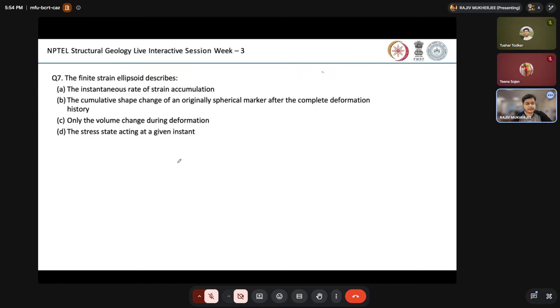So what does the finite strain ellipsoid describe? Remember, since we're talking about strain ellipsoid, it is a three-dimensional strain. With 3D strain we're talking about. So what will be the best representative answer to the finite strain ellipsoid?